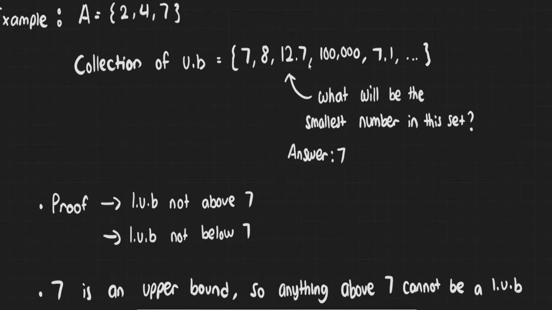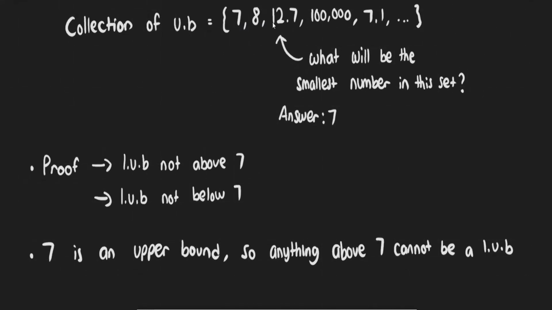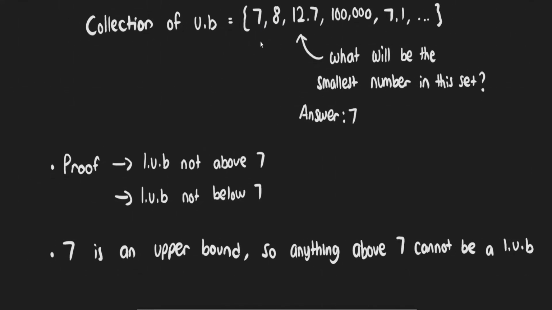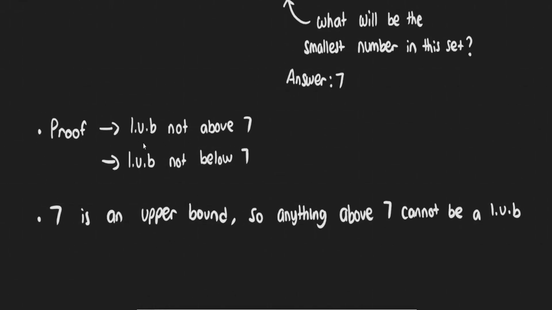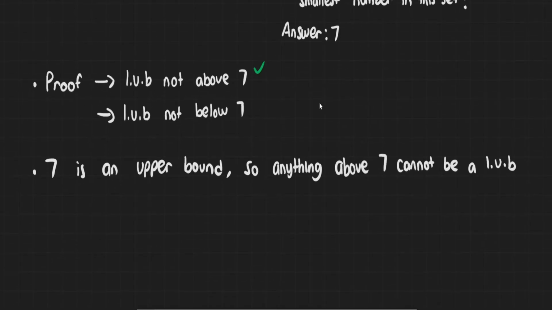In order for 12.7 to be a least upper bound, it should be less than all of these upper bounds, but it's not less than 7. 7 is less than it. Therefore, 12.7 cannot be a least upper bound. Similarly, for anything above 7, the same sort of argument applies. Therefore, anything above 7 cannot be a least upper bound. So, check mark given over there.